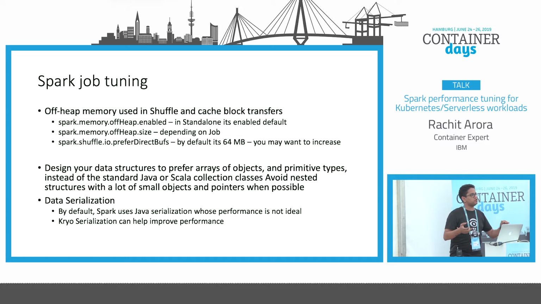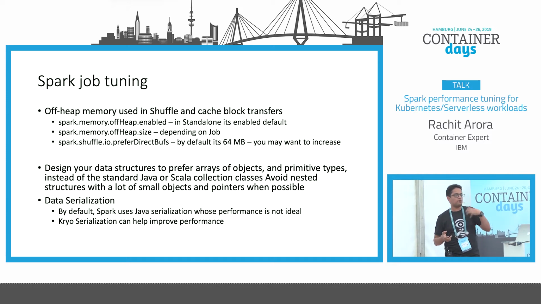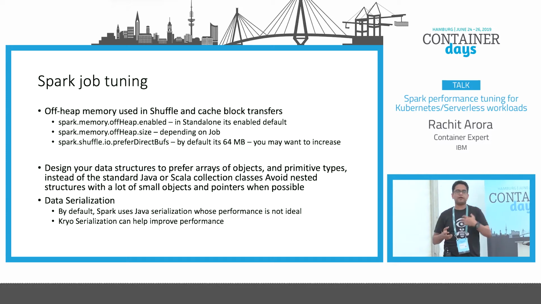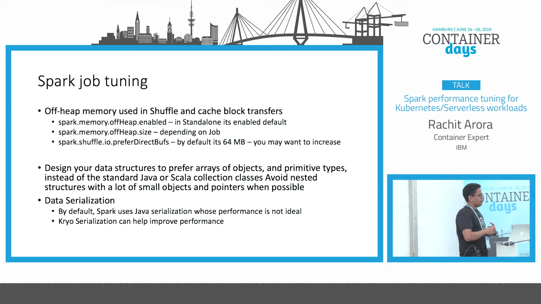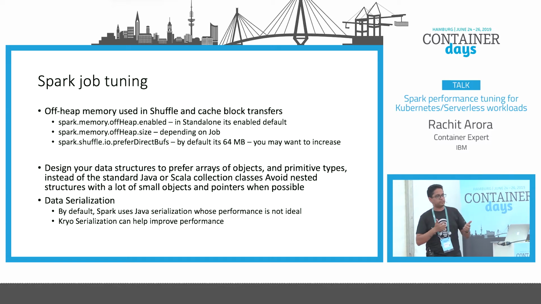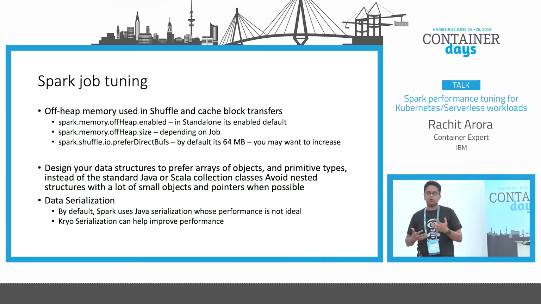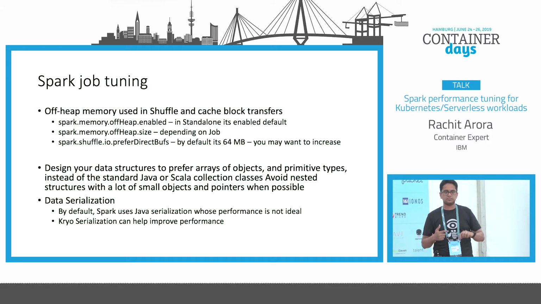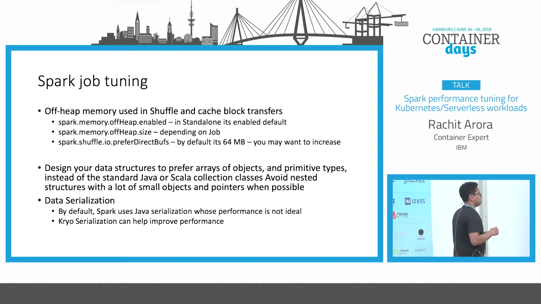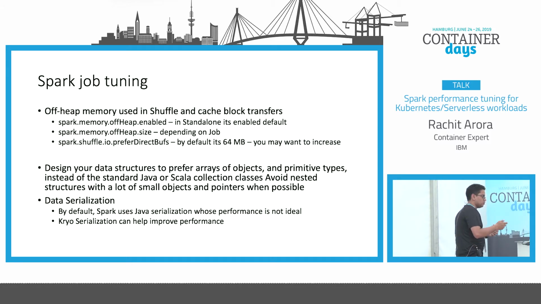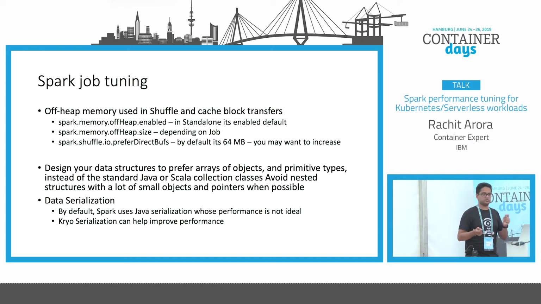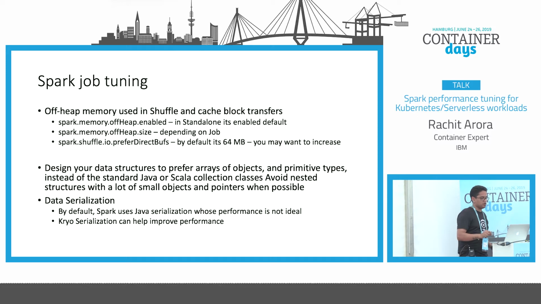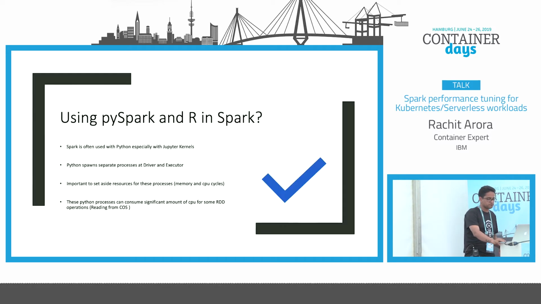If you are making use of native types, you will have more memory available for your application and for your Spark cache, right? And if you need to do a lot of serialization, by default Spark comes with a Java serialization layer, which is not very efficient, but there is Kryo serialization, which is recommended when running Spark for these kinds of workloads.